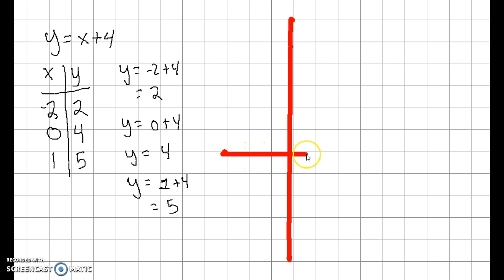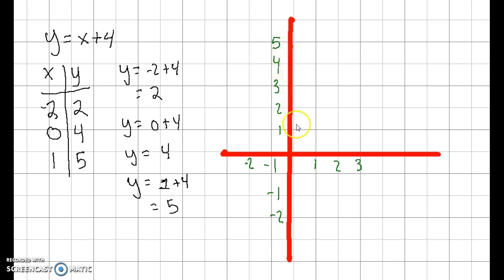Seems like a good place. So there we go. All right, let's make some tick marks. So there's 1, 2, 3, and -1, -2. We don't need to go very far. -1, -2 again. Don't need to go very far. 1, 2, 3, 4, 5. I know I'm going all the way up there.